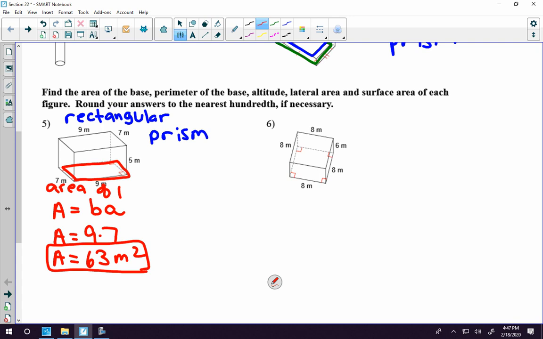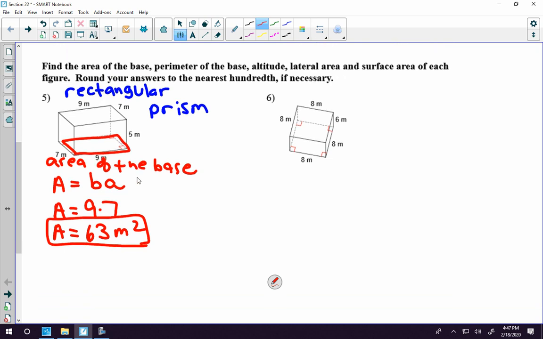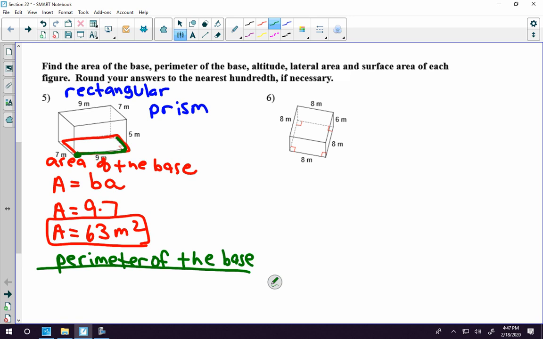Area of the base. Now, second in the directions, find the perimeter of the base. The perimeter of the base, which is the bottom rectangle in red, is found by adding those four sides. So the perimeter of the base is going to be found by taking 9 plus 7 plus 9 plus 7.